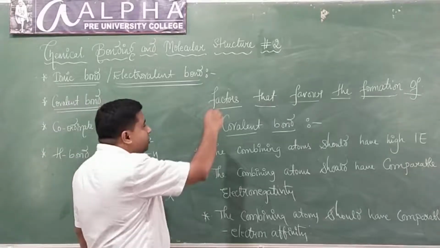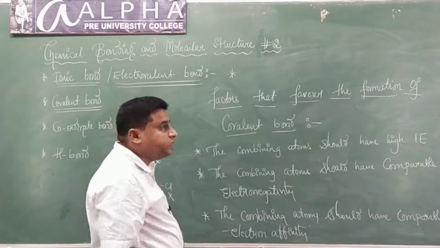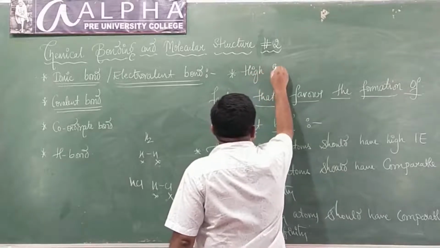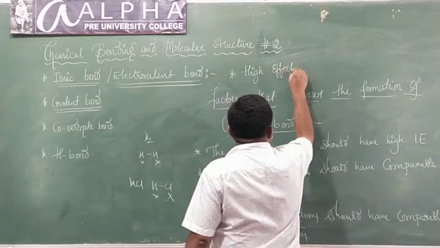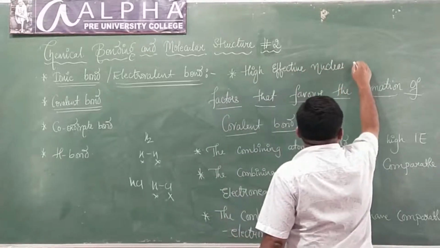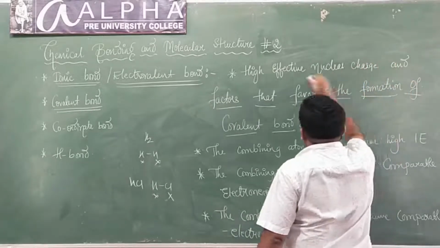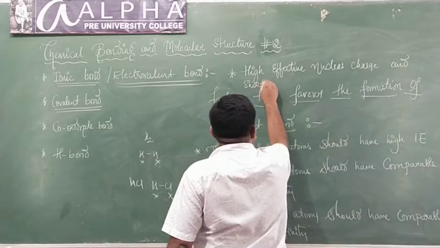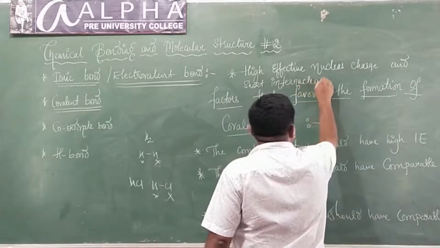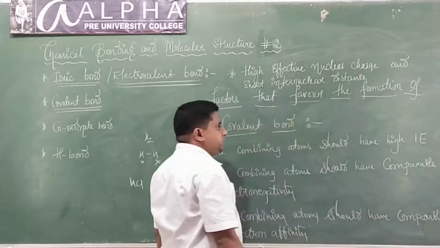The last factor that favors the formation of a covalent bond is high effective nuclear charge and shorter internuclear distance.